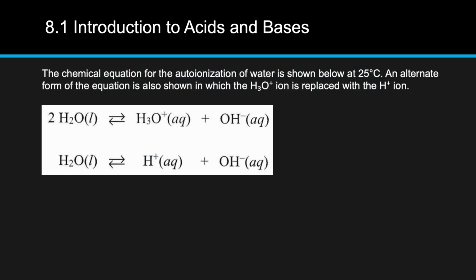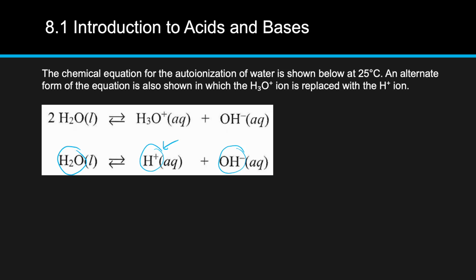In this unit, you're going to hear us say a lot that H3O plus is equal to H plus. And the reason that it's equal is because of what's actually happening at the particle level. When we have water ionizing, liquid water breaks apart into H plus and OH minus. However, this H plus or proton is so small and so reactive that it's not going to last, and you're not going to be able to actually have H plus by itself in solution.